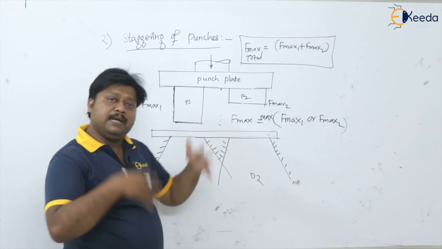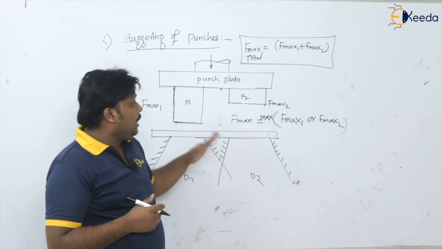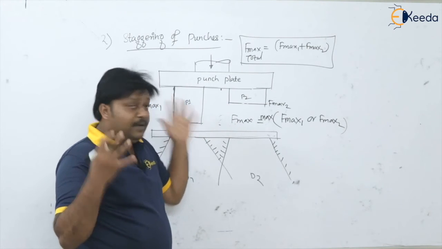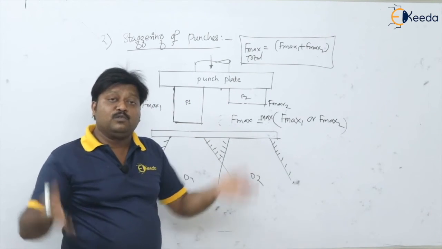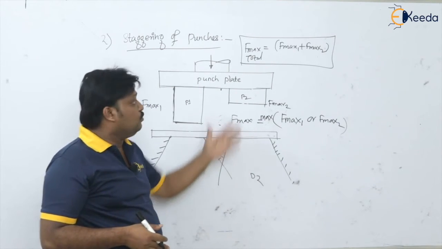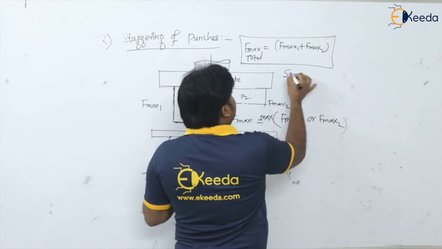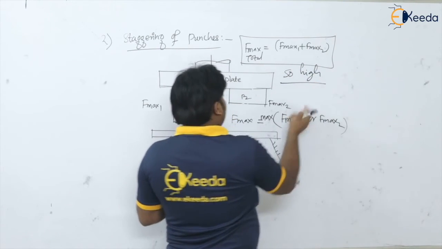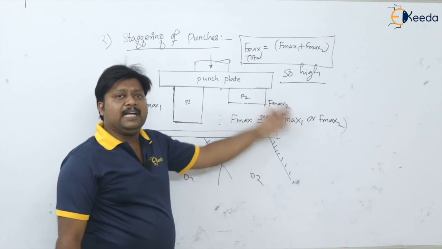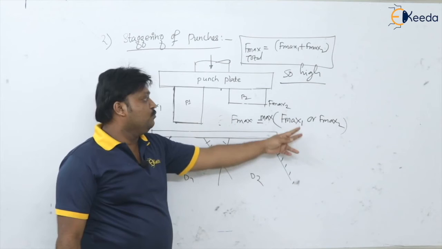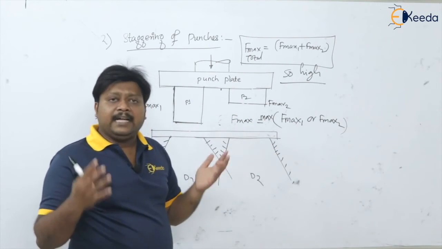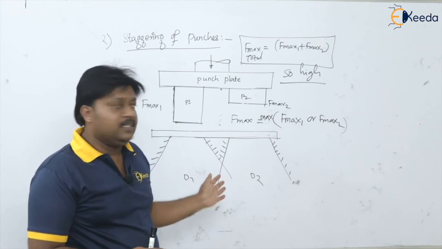That I will call the maximum force in this operation. But previously, when there was no staggering, F max 1 and F max 2 were together acting onto the sheet, isn't it? So the forces were so high. But because of the staggering of punches, I can reduce the force: only the maximum of these two forces is the maximum force, isn't it?